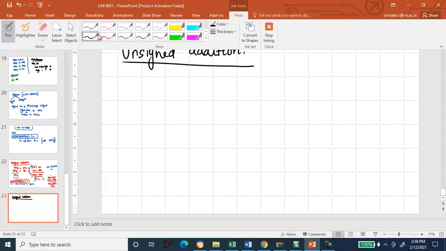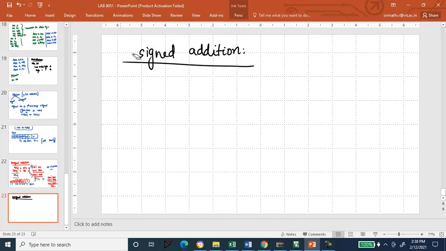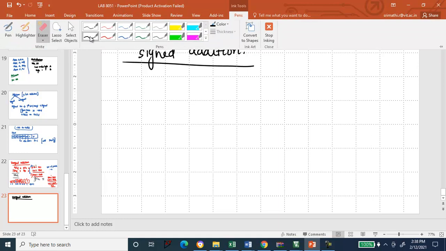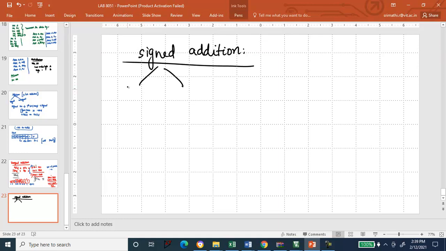I'm sorry. Let me go with signed addition. So the signed addition, either you can add 2 like numbers or you can add 2 unlike numbers. Unlike number is about the sign. Either you can add 2 minus numbers or 2 plus numbers, or plus and minus number likewise.